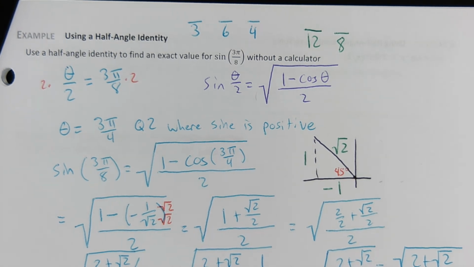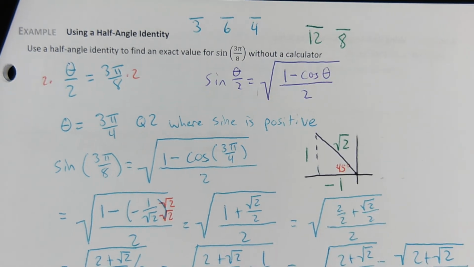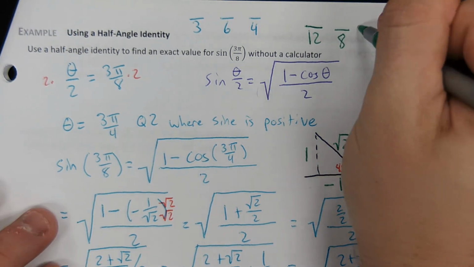The last example in yesterday's notes was an over 12, but I converted it to degrees, and I used a sum or difference identity. So if you see over 12s, you have more than one option. You could either use a half angle identity, or you can use a sum or difference angle identity. It's whichever one you're more comfortable with. But the over 8s scream half angle because that denominator is double a fourth. So those are the ones that you're hunting for if you want to use half angles.